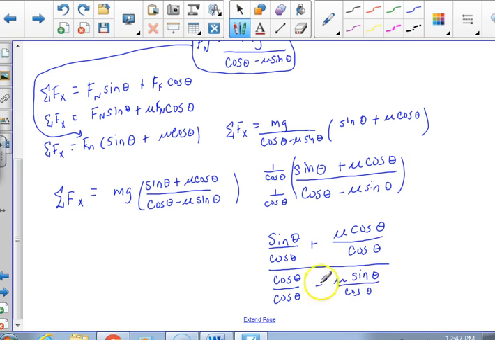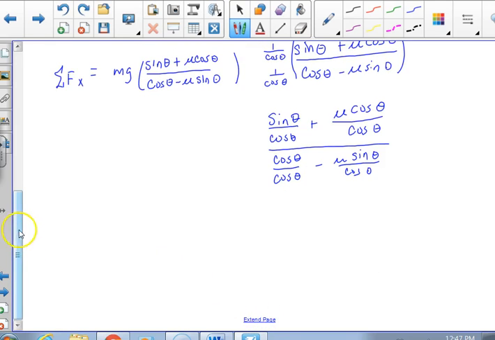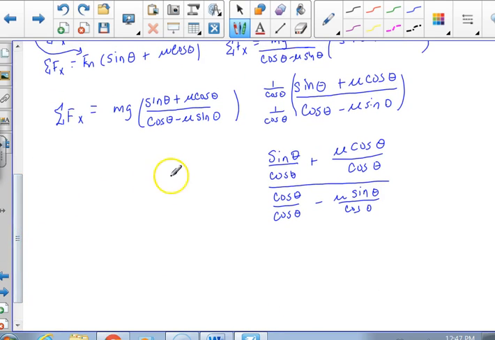Now, let's look at what this reduces to. Sine theta over cosine theta is tangent theta. Cosine theta over cosine theta cancels to 1, so that's plus 1 mu, divided by cosine theta over cosine theta cancels to 1, minus mu sine theta over cosine theta.